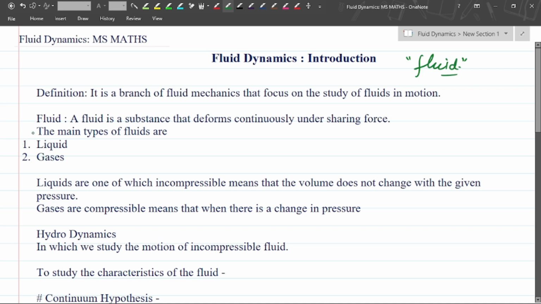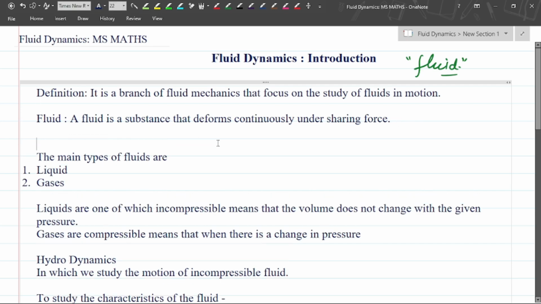Before going to the categorization of fluid, I'm going to define the fluid. What is a fluid? The proper definition is that a fluid is a substance or material.